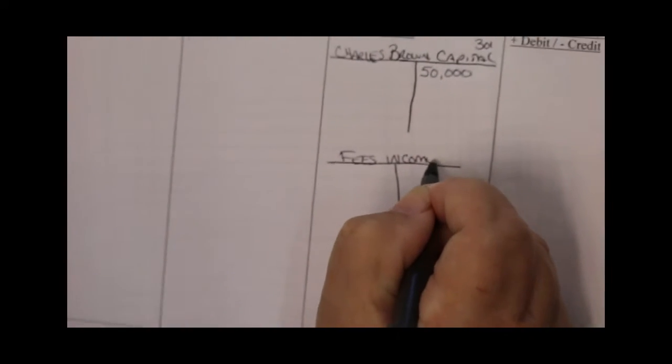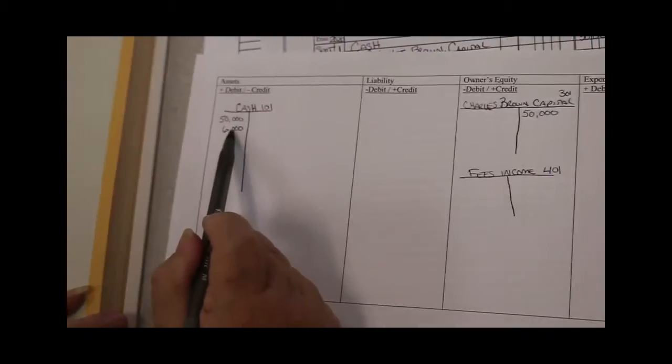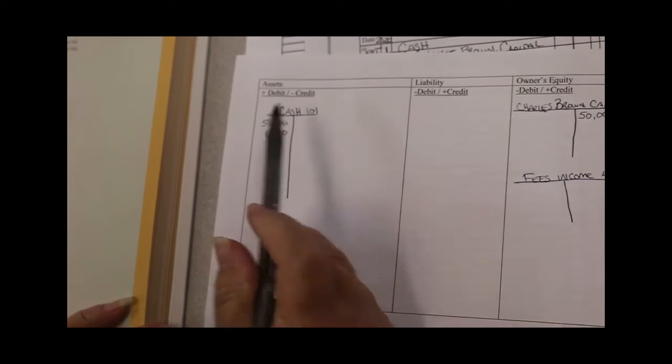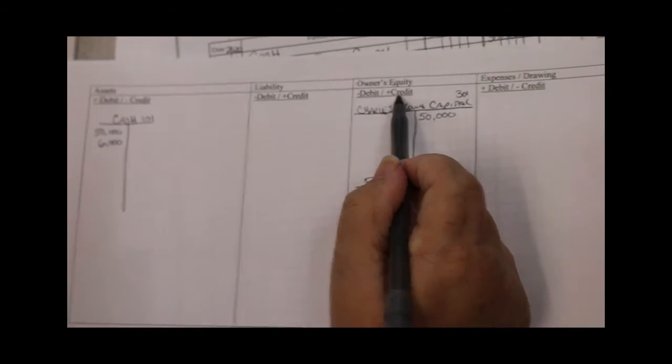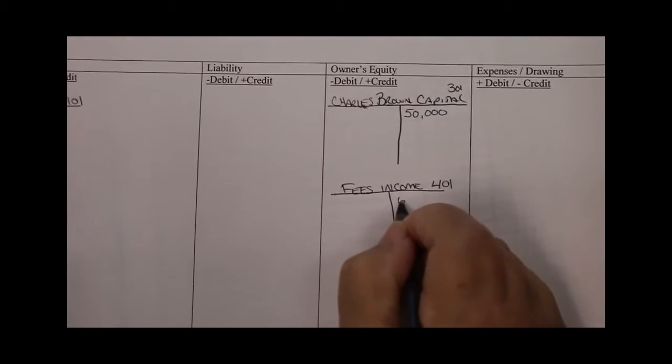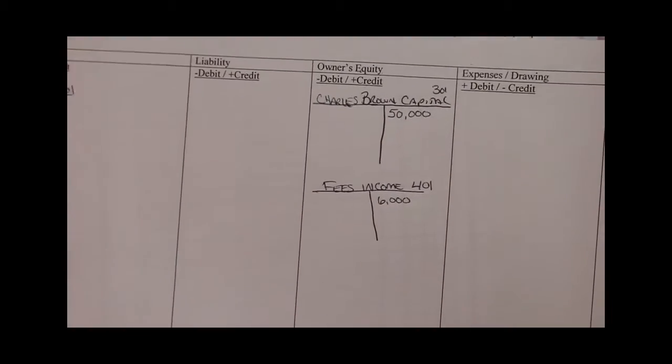Remember, revenue is the same word as income, same thing. And we're going to write the account number 401. Okay. Now, do we debit or credit the fees income? Well, we debited the cash, we increased it, we're increasing our income, so we are going to credit it. So $6,000 credited under fees income. All right. You guys staying with me now, right?